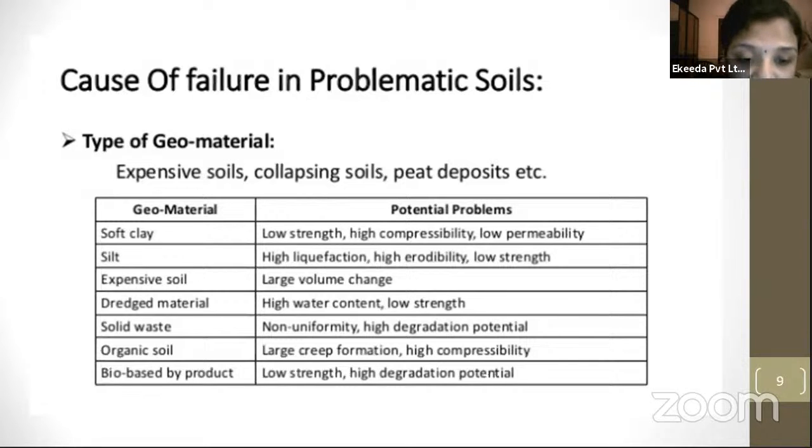If it is dredge material, we can expect high water content and low strength. If it is solid waste, non-uniformity and high degradation potential. If it is organic soil, we have large creep and high compressibility. And biomass byproduct has low strength and high degradation potential. So these are the characteristics of problematic soil.